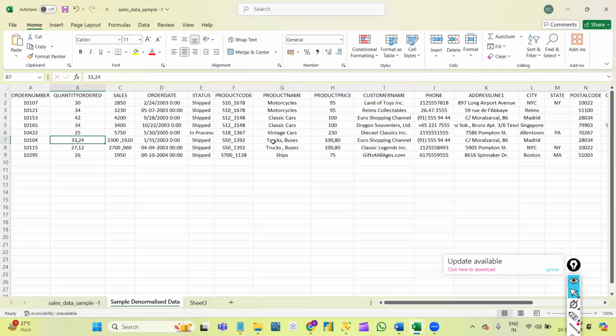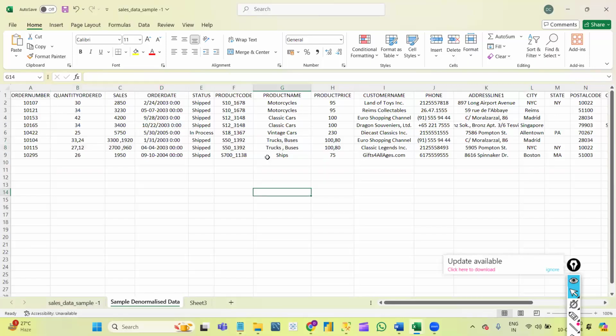That means they ordered 33 trucks and 24 buses, so the total cost is 3300 and 1920. Basically in these two rows, they ordered two products and everything is stored in one row. Did you get my point? Yes, ma'am. So this is a kind of denormalized data.